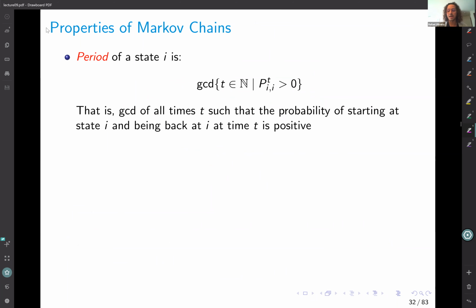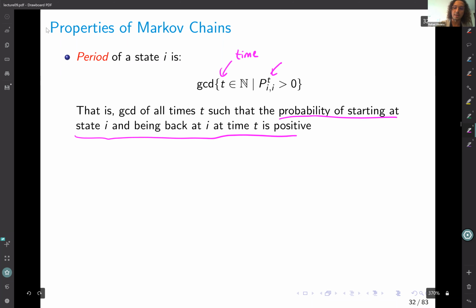The period of a state i is the greatest common divisor of all the times t such that the probability of starting at i and being back at i at time t is positive.